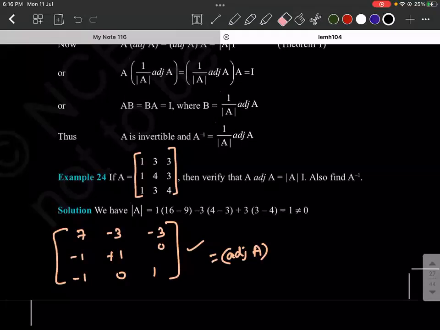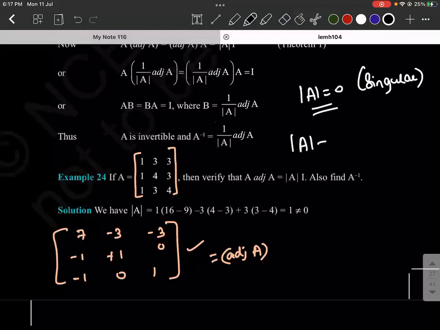If there is a matrix whose determinant is equal to 0, you call this matrix a singular matrix. Similarly, if the determinant of a matrix is not equal to 0, you call it a non-singular matrix.